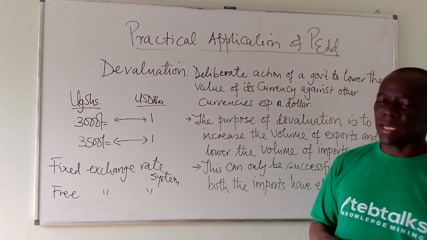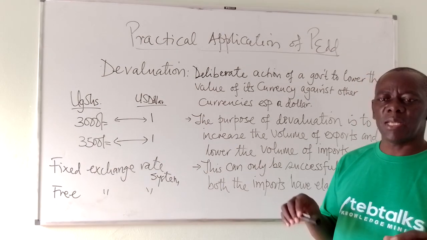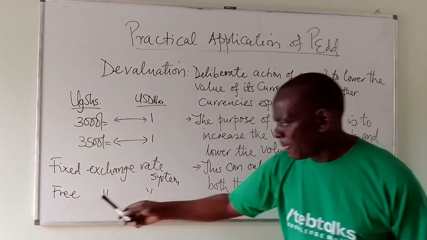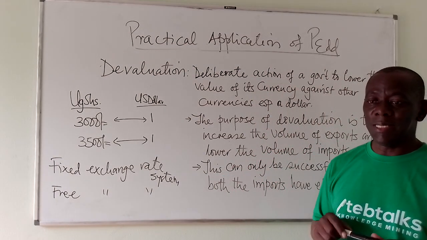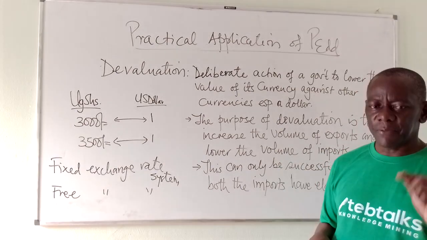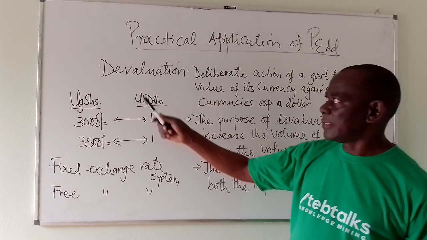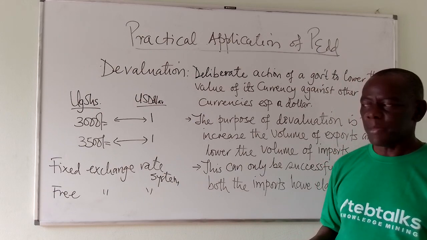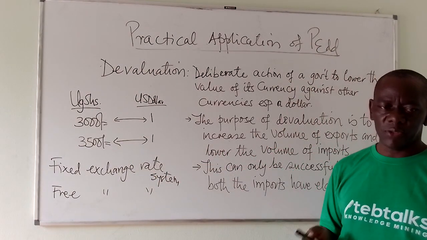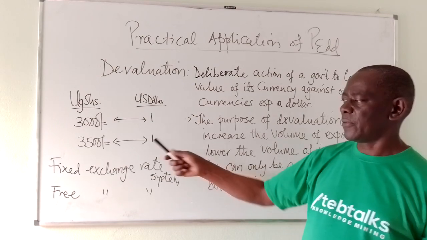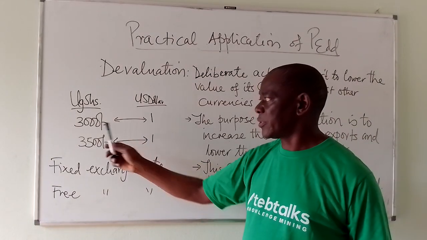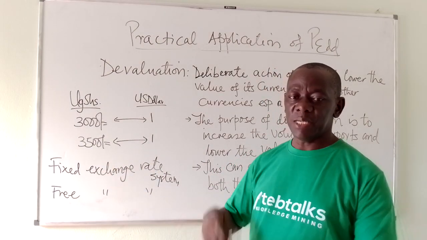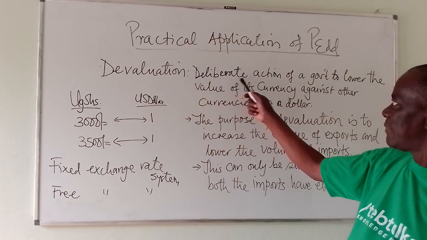Now, something I can hint on a bit, because you understand it more when it comes to international trade and exchange rate systems. In Uganda, in the free exchange rate system, the currency is not devalued. Instead, it moves on the forces of demand and supply. So if the dollar has been costing 3,000 and then it goes to 3,500, we don't say it has been devalued, because devaluation is a deliberate action.